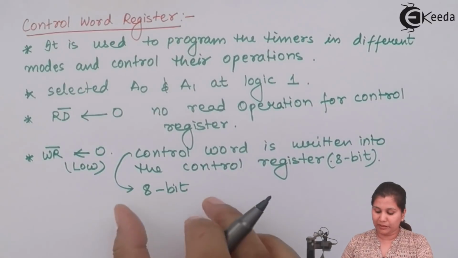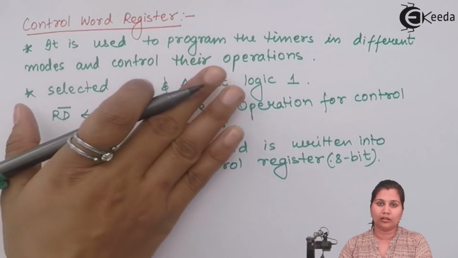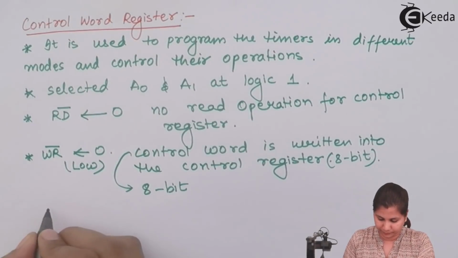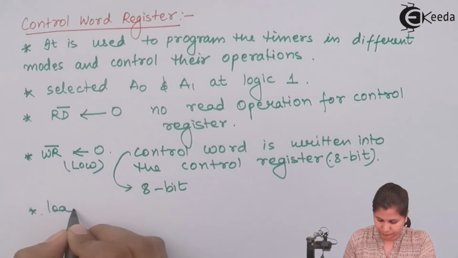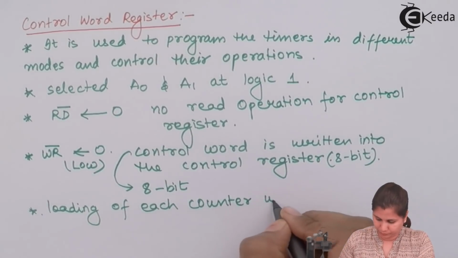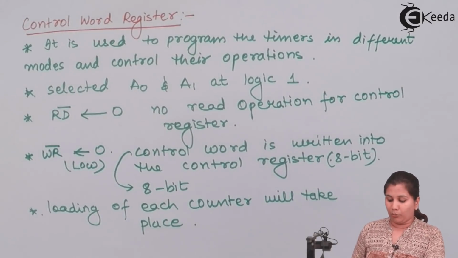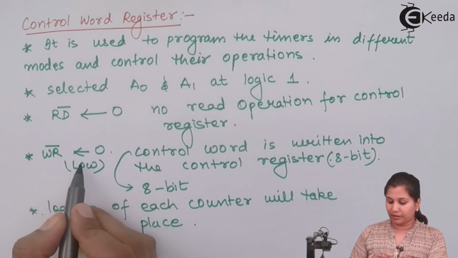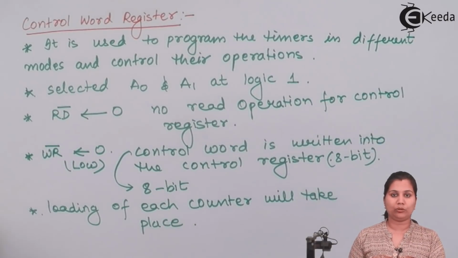Okay, and this 8-bit word is going to decide in which of the modes the timers will work. Now when this write signal is activated and the control word has been written into the control register, the counters will be loaded with their count value, which is also provided by the data bus buffer.